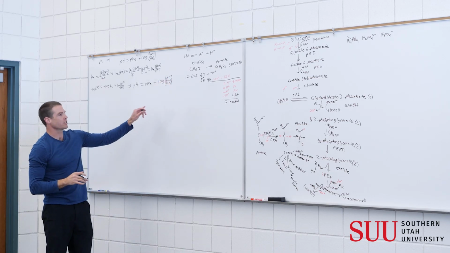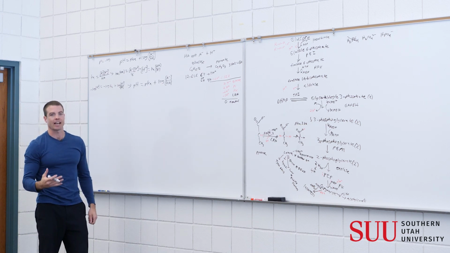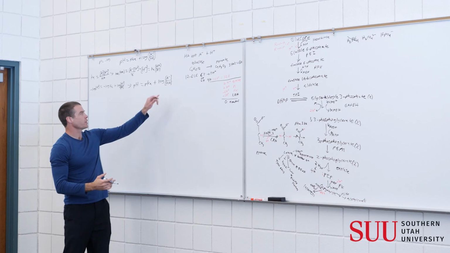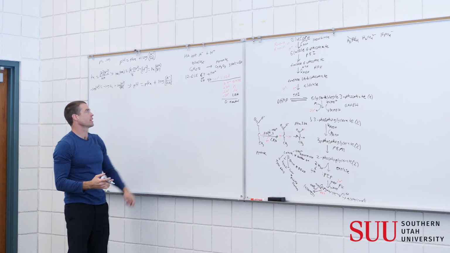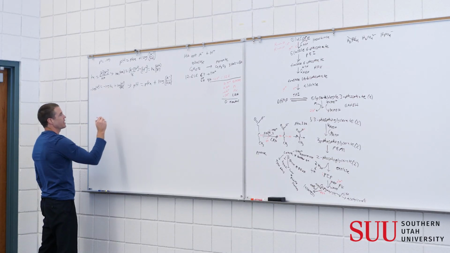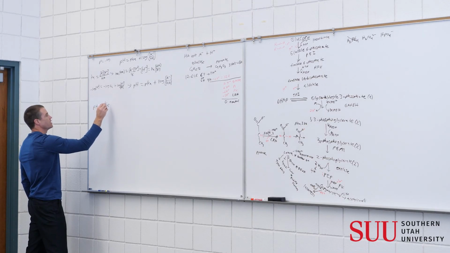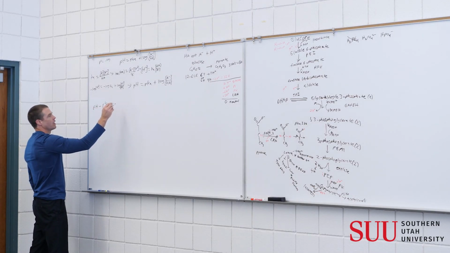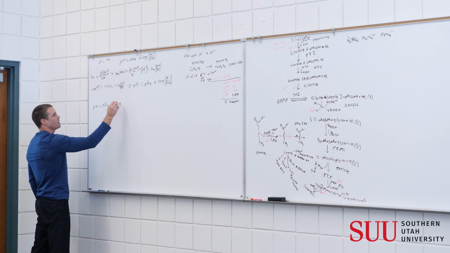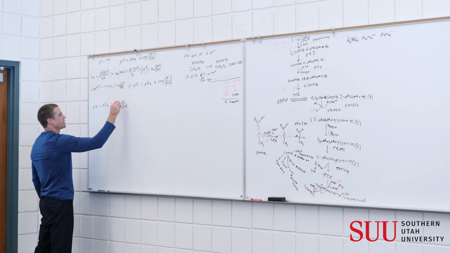Now, our question initially was, well, at pH 7, how many lactic acid molecules are there? So we can rearrange this and solve for A minus and HA. To do this, we take minus pKa over here. So we just do pH minus pKa is equal to the log of A minus over HA. And now let's get rid of the log term.